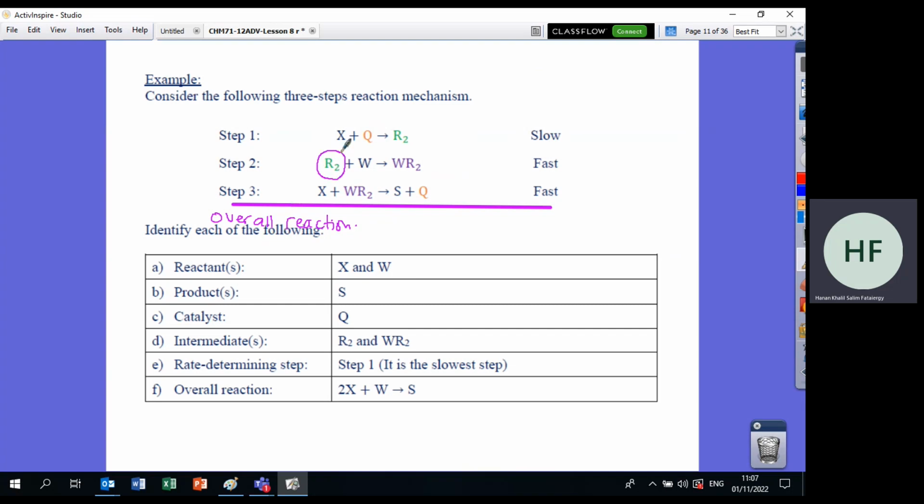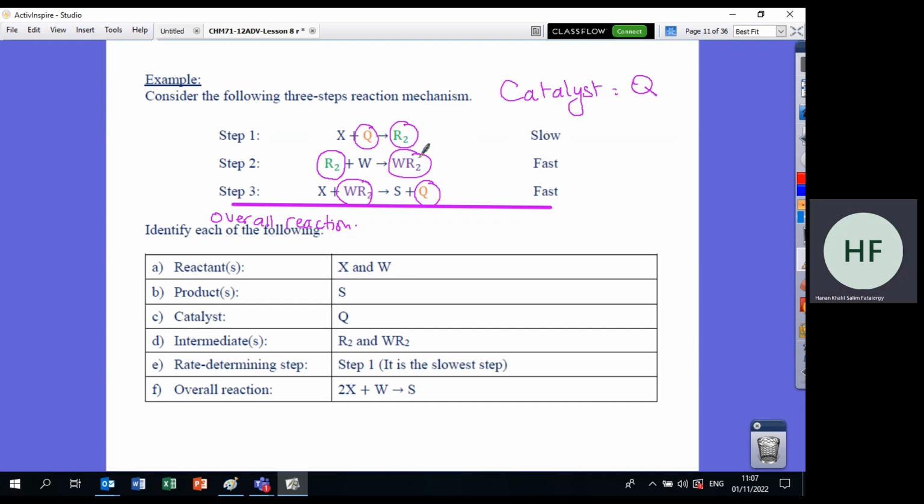First of all, R2 will be cancelled with R2, WR2 with WR2, and Q with Q. Notice that Q is found in the reactants of step 1 and it's a product in the last step. So the one that is found first and last is called a catalyst. So the catalyst is Q.